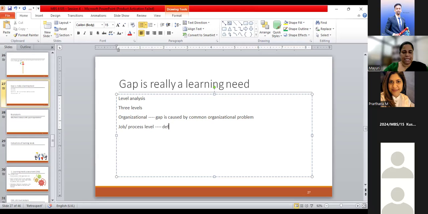The defects are taking place at two points. I'm just assuming points in the assembly line.